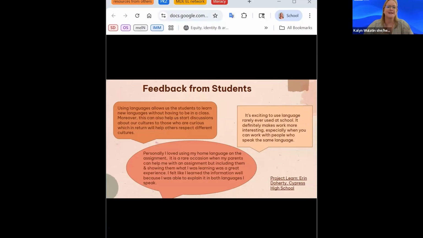And again, not saying that we're not teaching in English or that students should never respond in English. It's more than allowing translanguaging in the classroom, it's encouraging it, right? And seeing where you go with it.